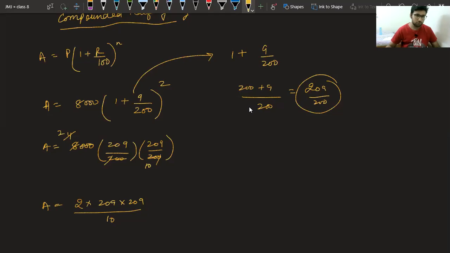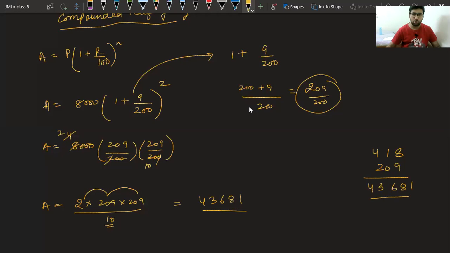Now I told you not to cut this 10. Just multiply these three and divide by 10. That's easy. Suppose I multiply 2 and this thing. 2 into 209 is 2 nines are 18, 1, 2 twos are 4. Into 209, what will we get? 43681 upon 10.